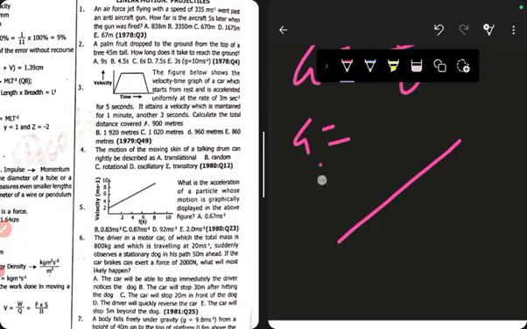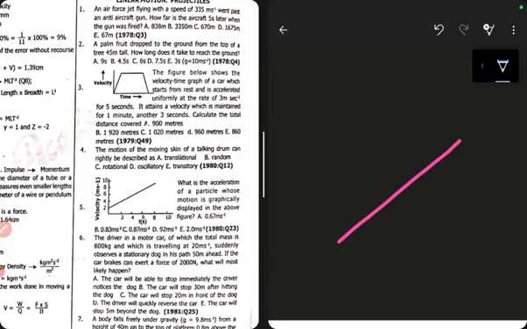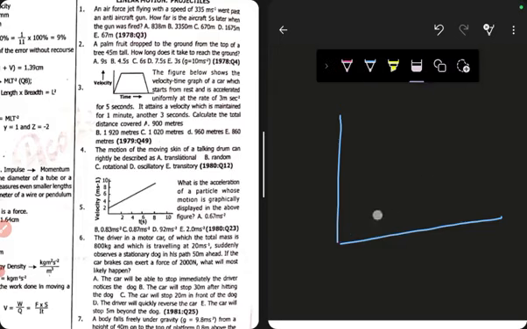Now, this is the velocity time graph. Okay, I'm not doing it exactly well. Started from around here.